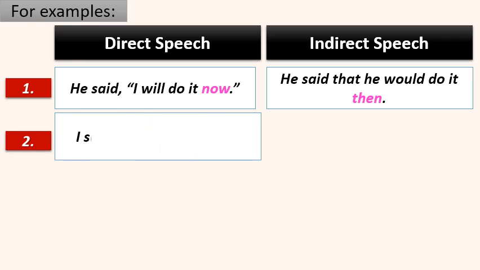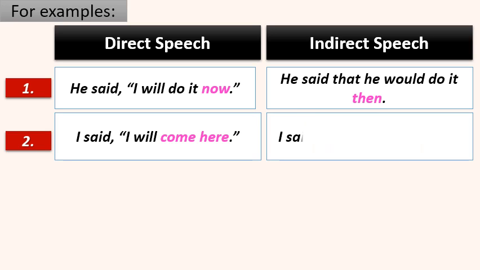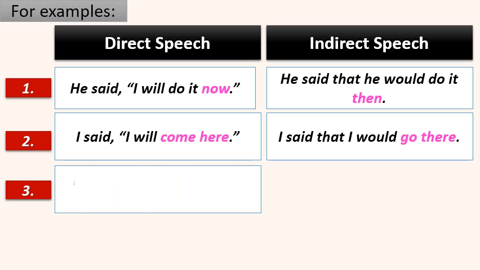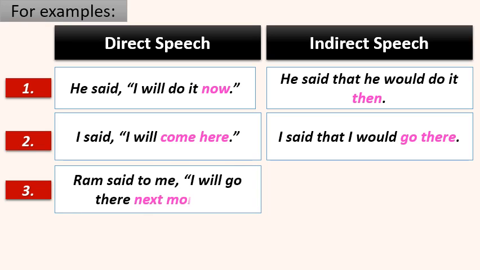Number 2, I said, "I will come here." So the sentence will be I said that I would go there. Number 3, Ram said to me, "I will go there next month."